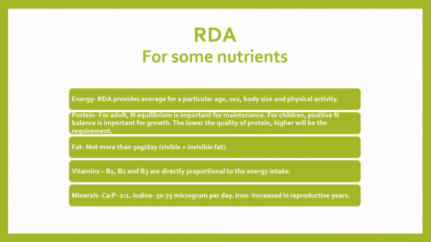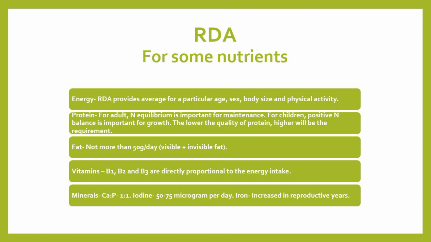Now we will discuss the RDA for some of the nutrients. For energy, RDA provides the average for a particular age, sex, body size, and physical activity. The protein requirement in adults is to maintain nitrogen equilibrium, while in children and adolescents, a positive nitrogen balance is required. Also, the lower the quality of protein, the higher the requirement.